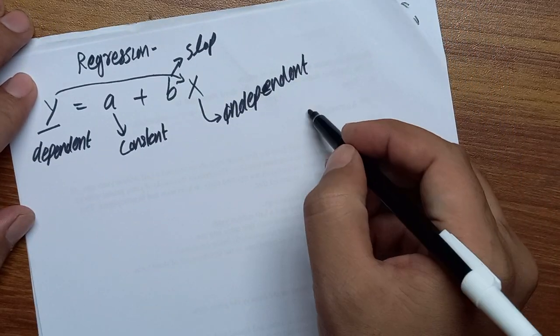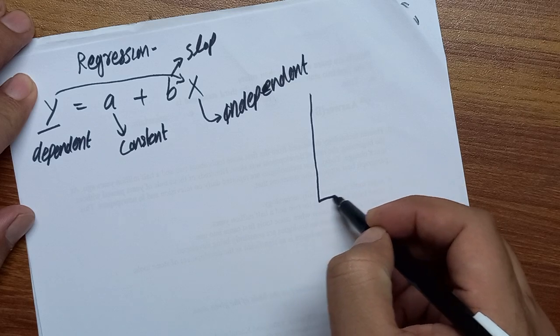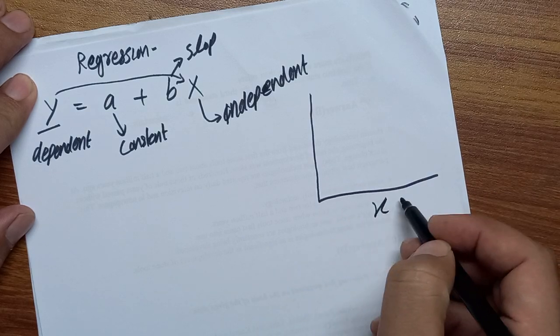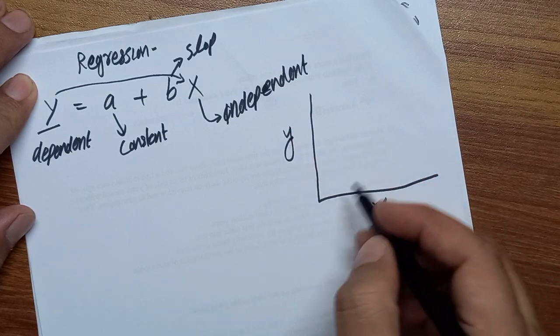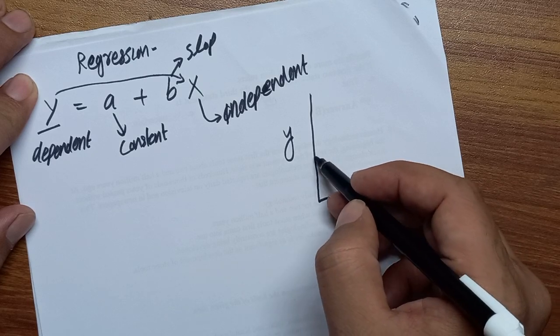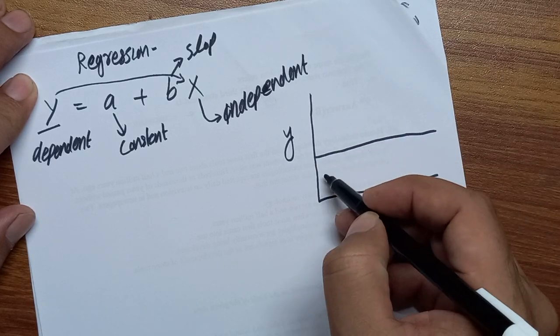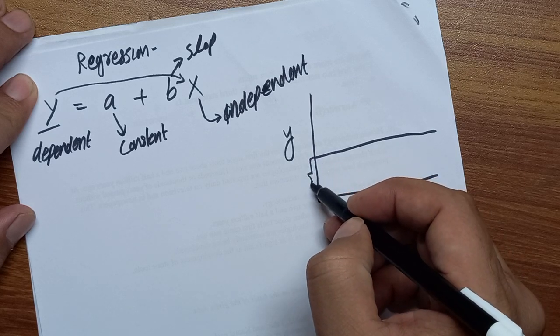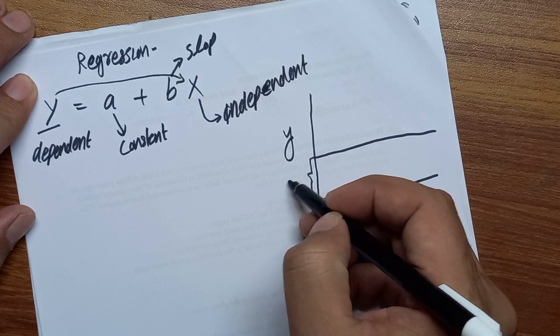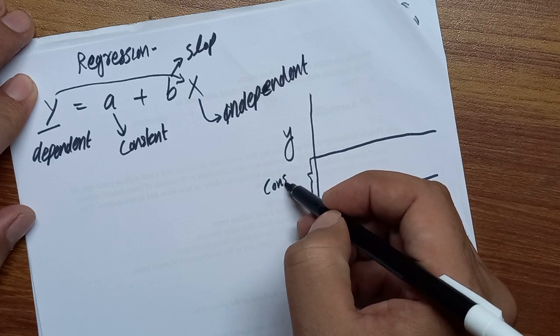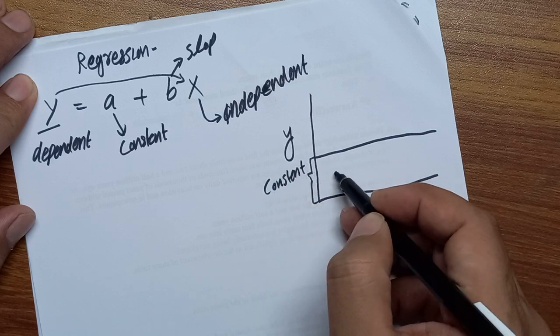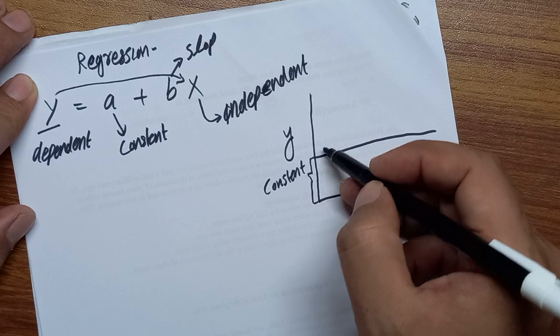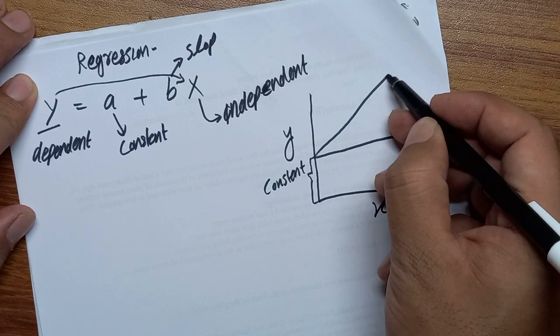So we will draw a graph. This is x, this is y, and we have the constant here. This area is constant, and this is slope.